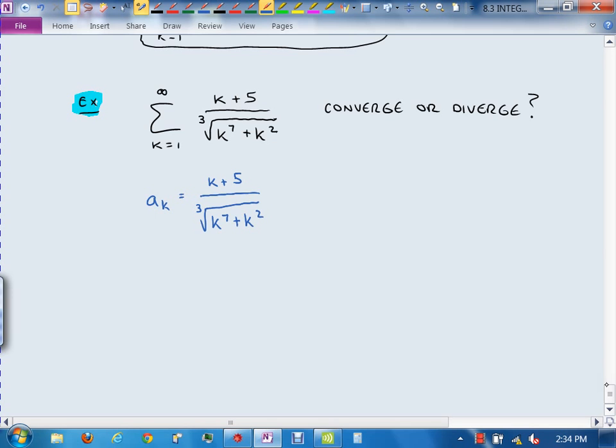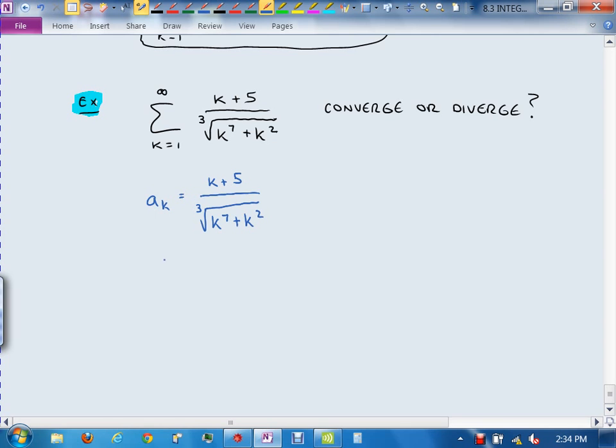I'm going to choose, see, the things I don't like are, I don't like that plus 5, right? That plus 5, I wish it wasn't there. And then this right here, like the plus k squared, because if the 5 wasn't there and the k squared wasn't there, wouldn't this just be k to a power over k to a power? In fact, what would it be?